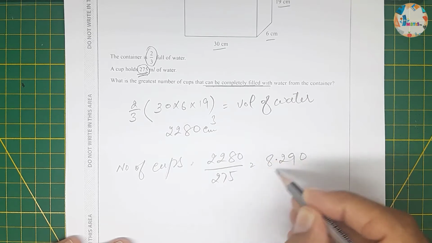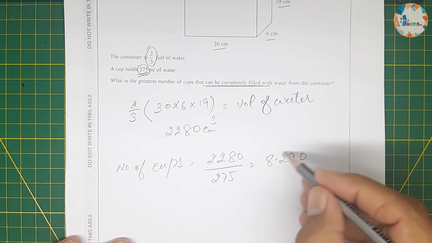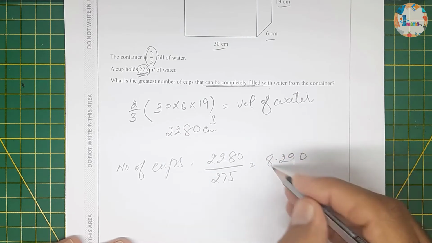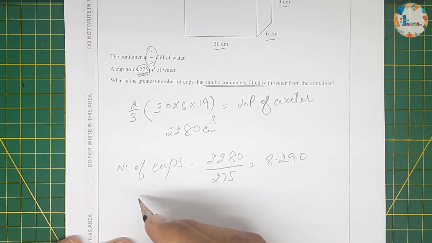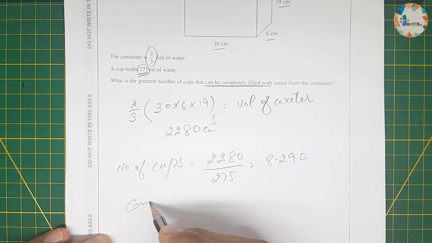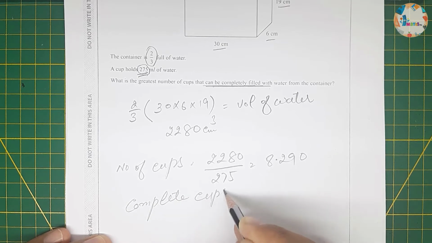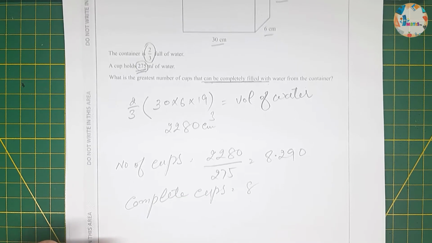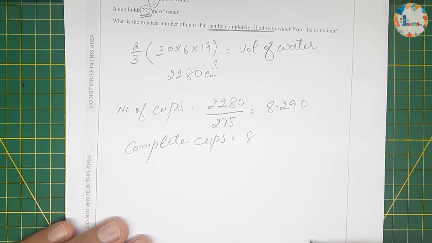So we will take the whole number, because it is 8 and some portion, so we will ignore the remaining portion. So complete cups will be equal to 8. This will be our answer. 8 cups will be our final answer to this question.